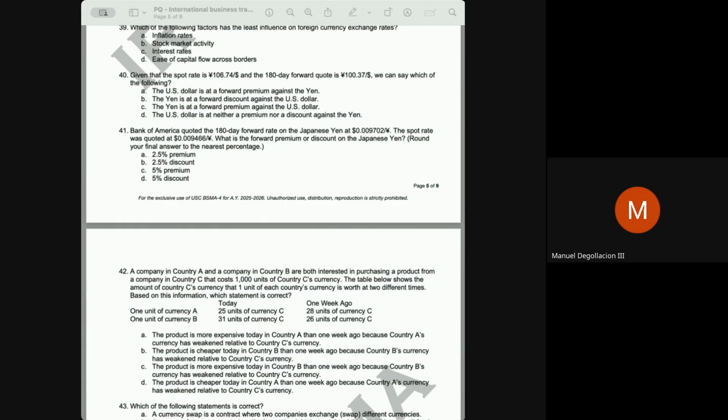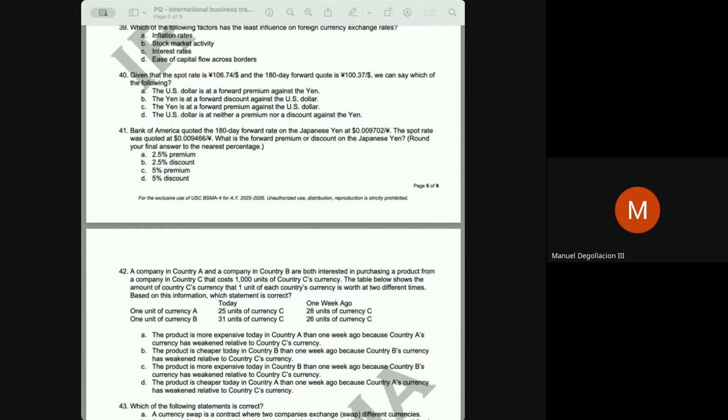To get the percentage of premium, you get the difference between 0.009702 and 0.009466, and then you divide that by our base, and our base would obviously be the spot rate, 0.009466. That would give us 2.5%, but the 2.5% is still good for the 180-day period only.